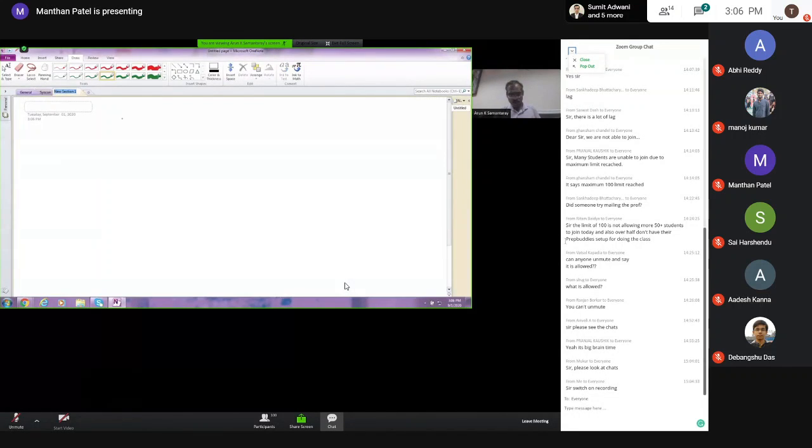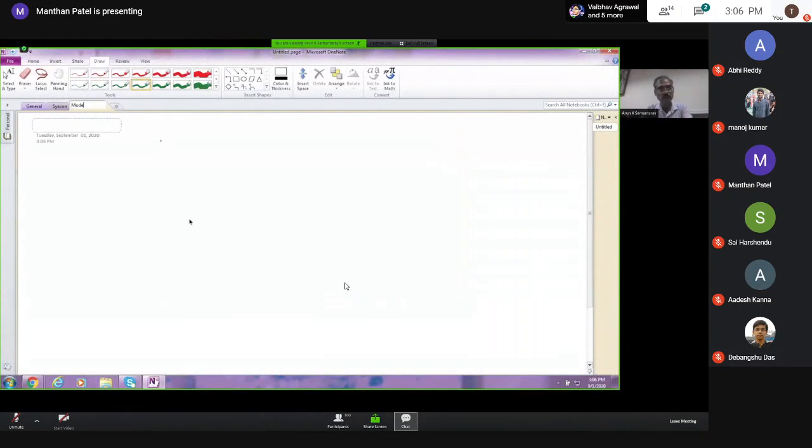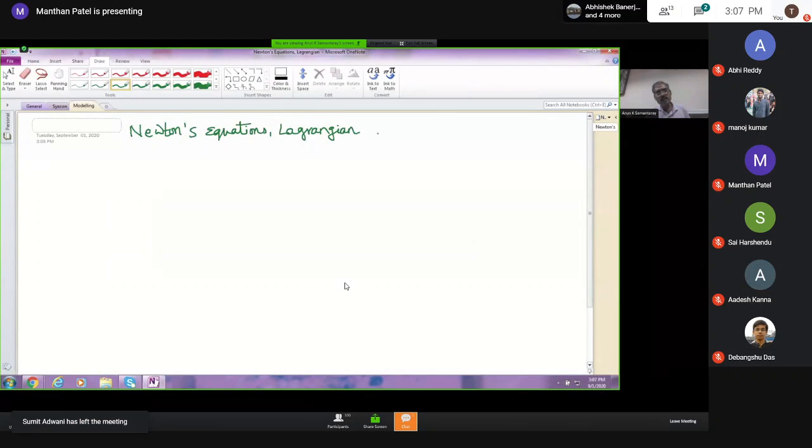So let me create a new tab. Modeling. So you know how to create mathematical models of various systems. We know already some very useful things like Newton's equations, Lagrangians, and Hamiltonian mechanics.